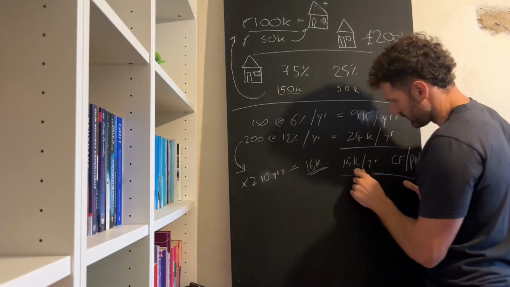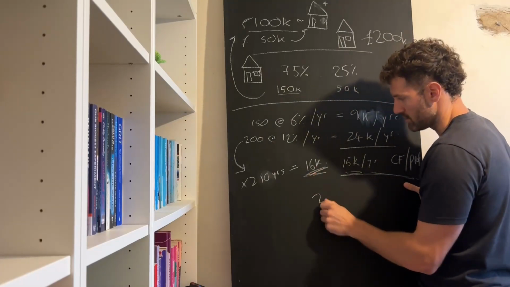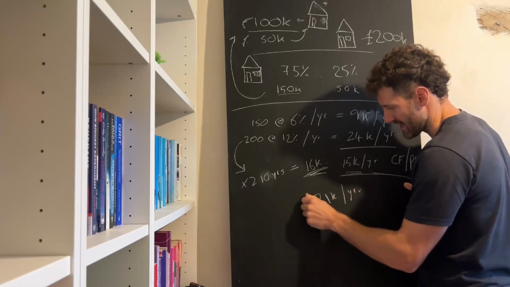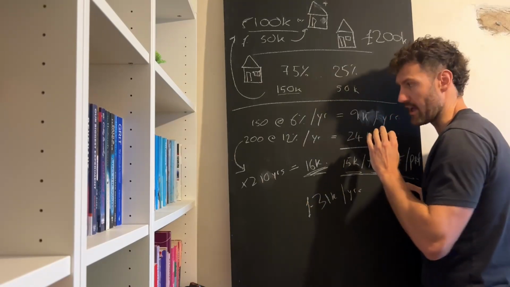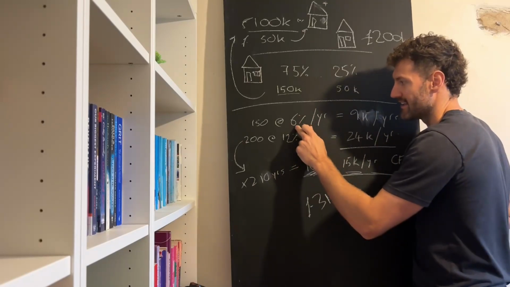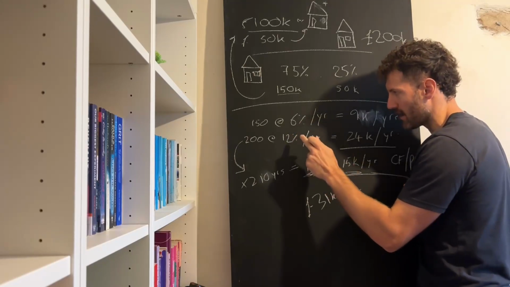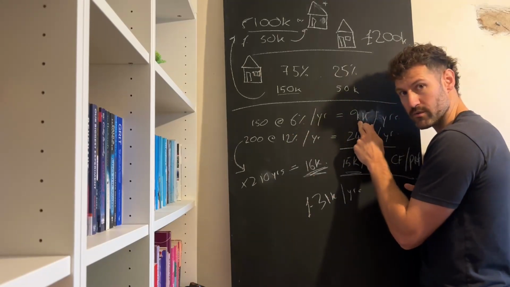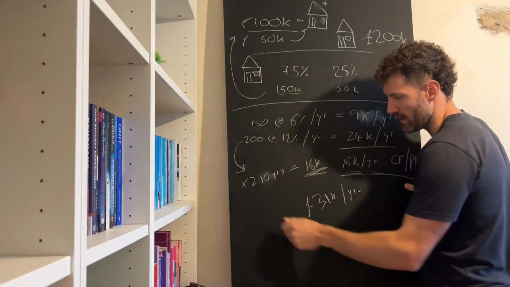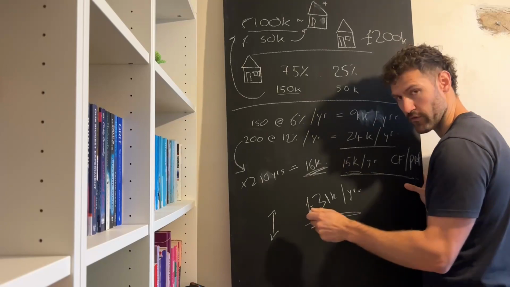So you're actually getting 15k a year in cash flow plus 16k a year in capital growth, which means there's 31k per year coming to you from this asset. Now that's based on an interest-only mortgage at 6%. If you were to pay it on a capital repayment mortgage, then your payments would increase slightly, but you would also pay down this initial mortgage. So you're moving in three different directions to increase the cash flow and the money that you have.